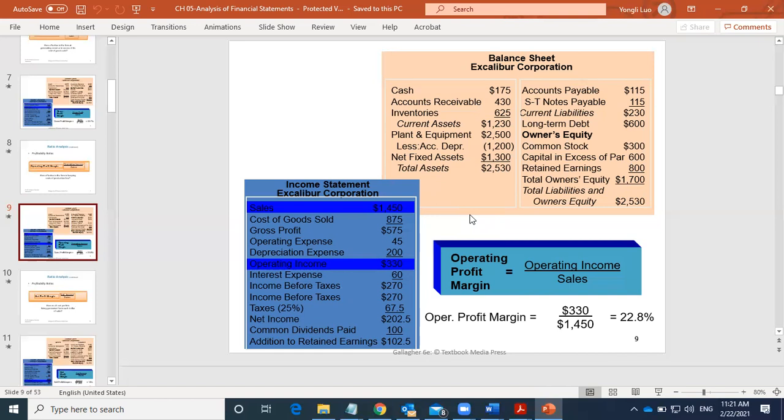Earnings before interest and taxes. That is also called operating income. Okay, operating income, another name is called EBIT. You can see a lot of accounting books or other financial books, they use EBIT here instead of operating income.